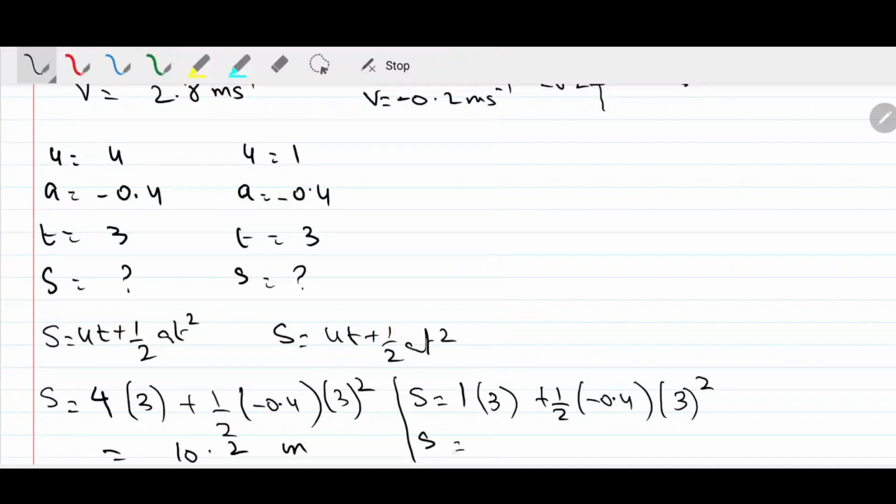So S is equal to 3 plus 9 times of 1.2, and hence it is 11.4 meters.